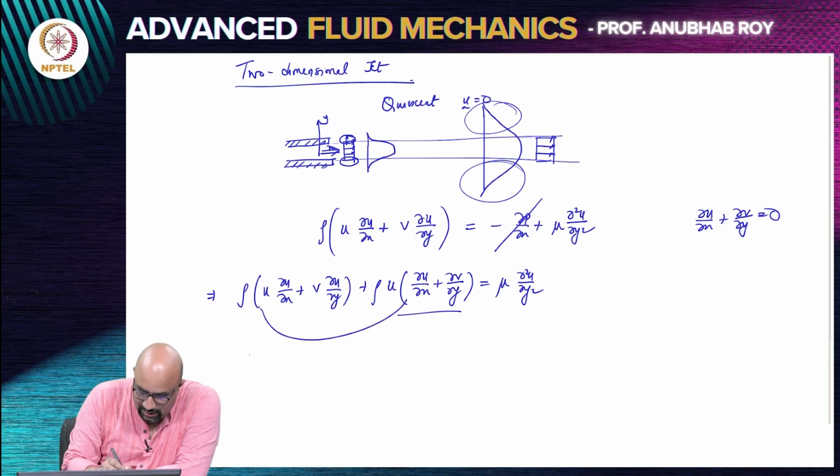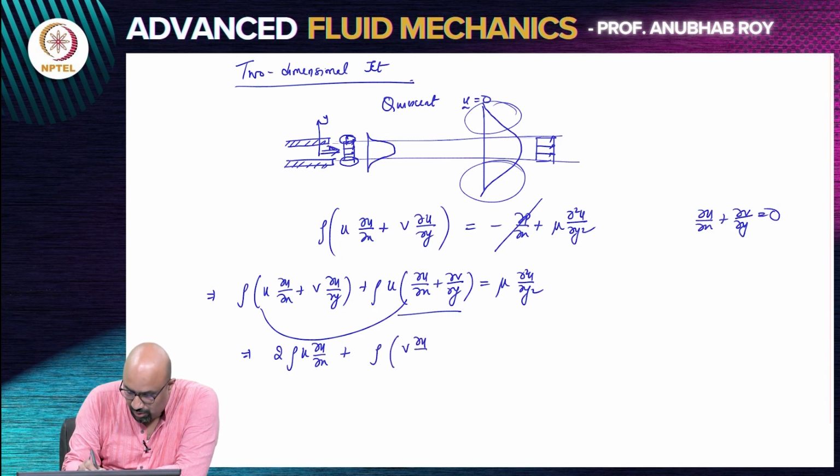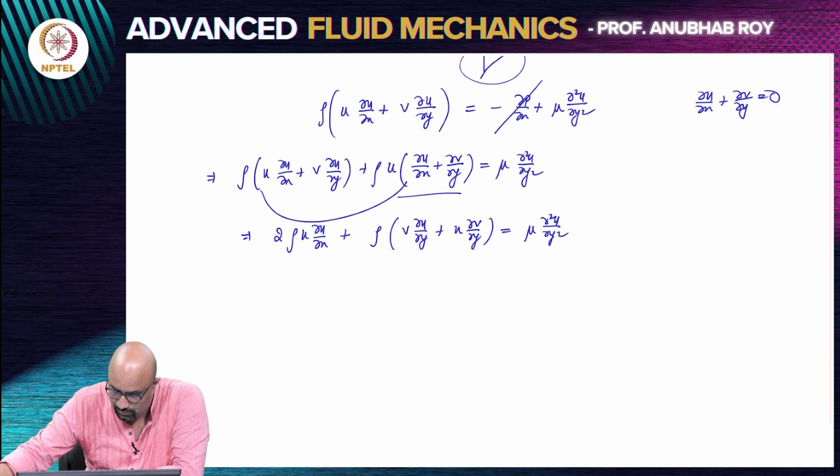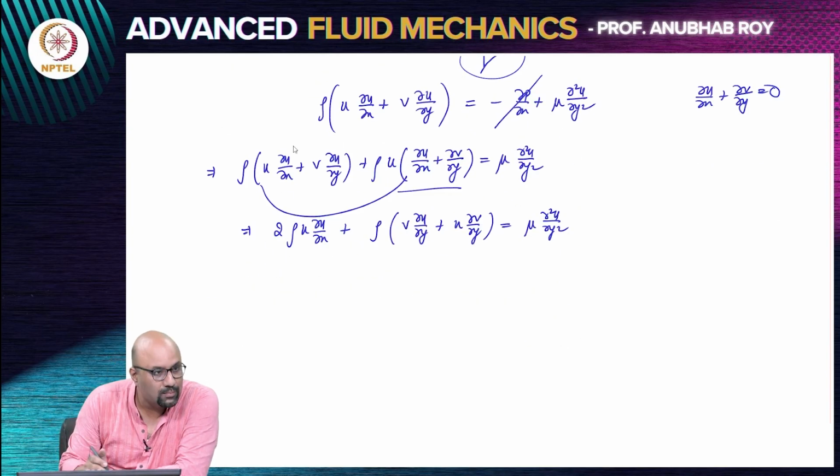Now, I will combine the first term and the third term to basically get 2 rho u dou u dou x, and then I will combine the second term and the fourth term on the left hand side to get rho v dou u dou y plus u dou v dou y is equal to mu dou square u dou y square.